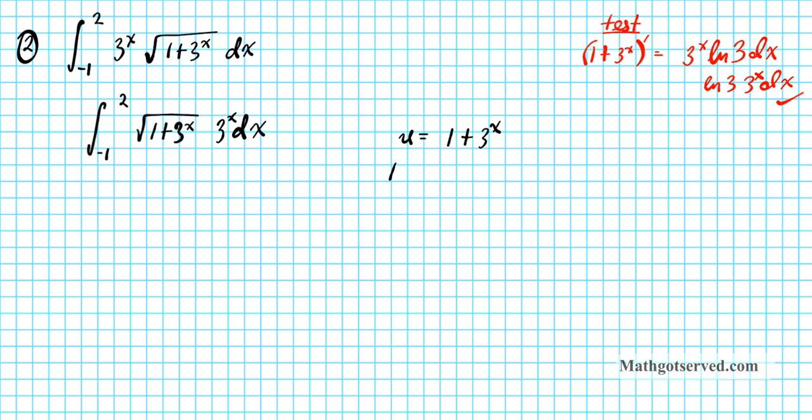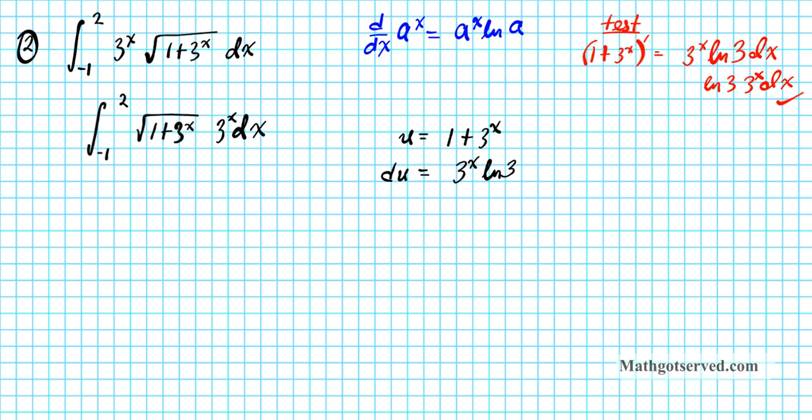So du, the derivative of u, is just 1 du, equals the derivative of 1, which is 0, plus the derivative of 3 to the x, which is 3 to the x ln 3. Let me just go over the differentiation rules. Remember, d/dx of a to the x is a to the x ln a. That's the rule I'm using here.